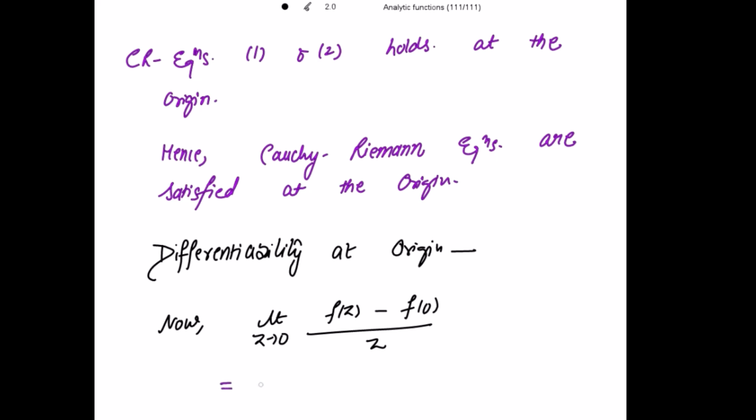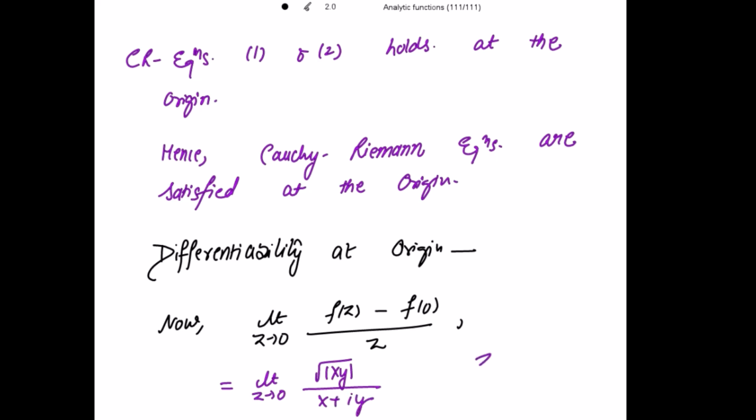So this is limit z tends to 0. What is f(z)? It is square root of mod of xy, minus f(0) which is 0, divided by z, taking z as x plus iota y.